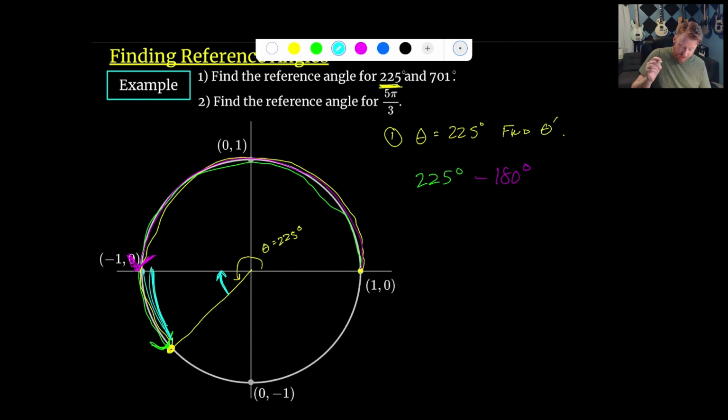If you take a look, I did the green, which was all the way around to 225, and I'm going to subtract off the purple, which was only 180, and we'll get that this is 45 degrees. So here is our reference angle, theta prime, which is 45 degrees. As we move forward, we can just use the fact that we know sines and cosines at 45 degrees, think about what quadrant we're in, and change the signs, and we should have some answers here.